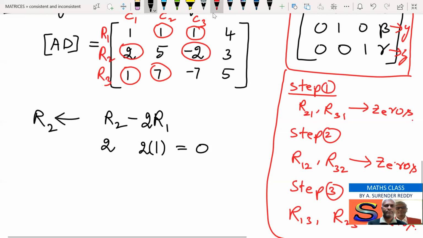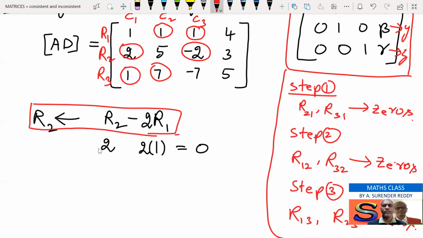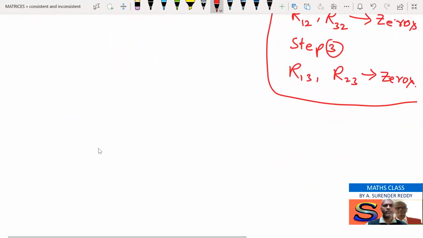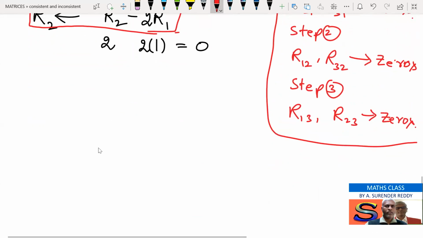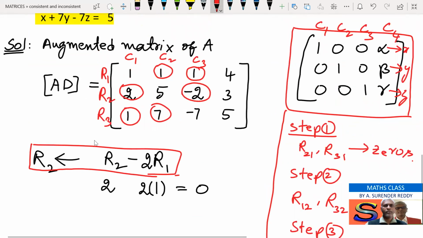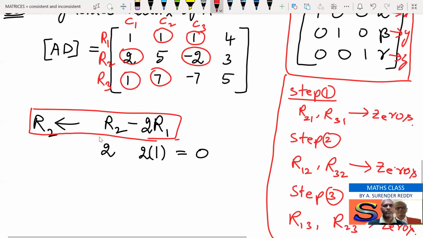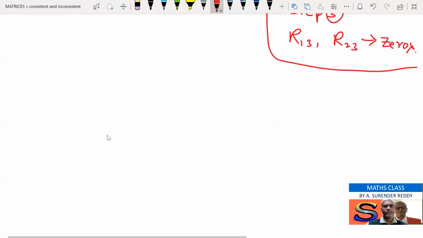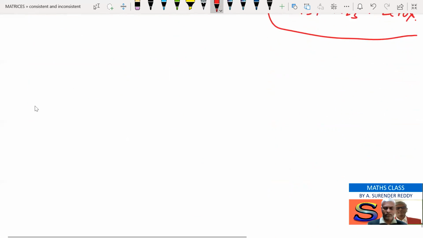This is row transformation, the first row transformation. Now let us write, in the first step, the first row as it is. No change in the first row: 1, 1, 1, 4. That is all rough work. Only row transformations are allowed.